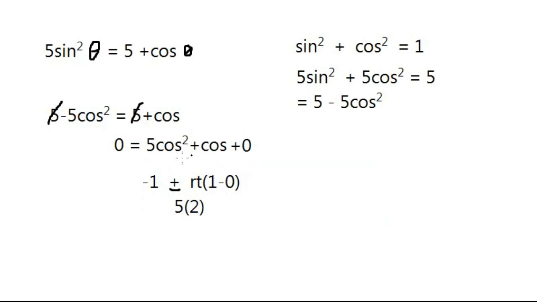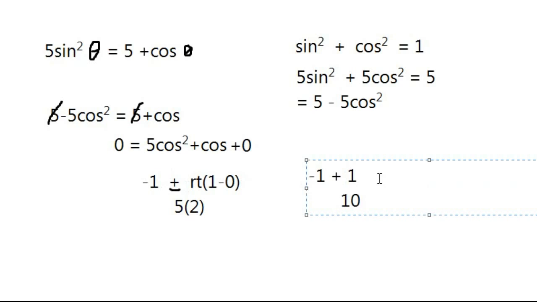But we want to find theta, so we'll soon need our calculator, but let's first factorize this. The root of 1 is 1, so it is a negative 1 plus or minus 1.